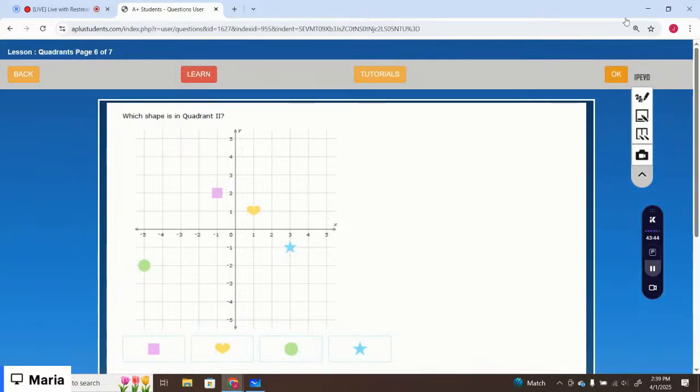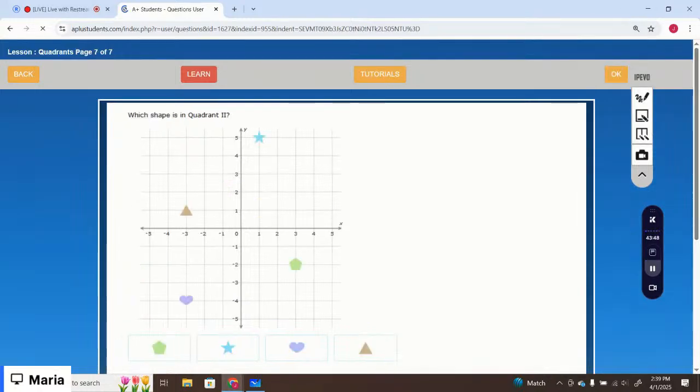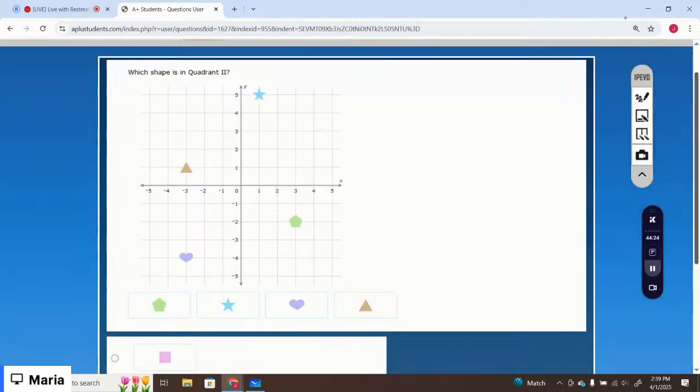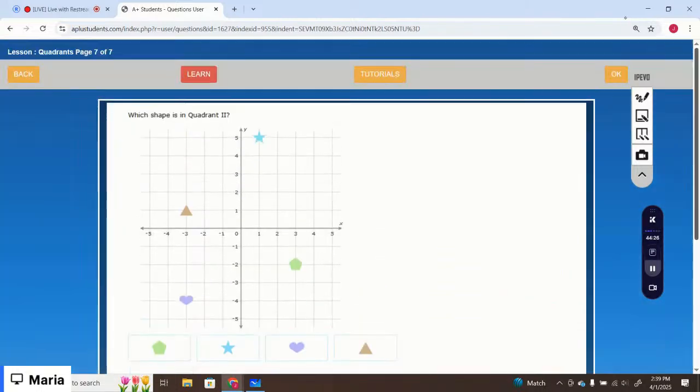Option number 2 is the correct option. What shape is in quadrant 2? Very good, triangle it is.